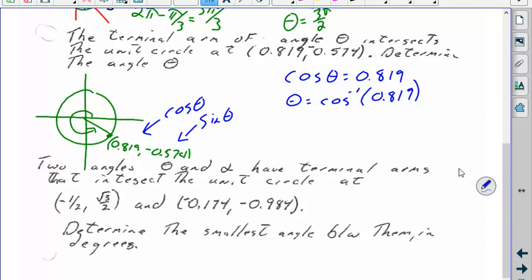Now again, I'm speaking radian because I don't want us to get used to degrees. We should have an angle less than 1 radian. Chloe, what did you get for that?